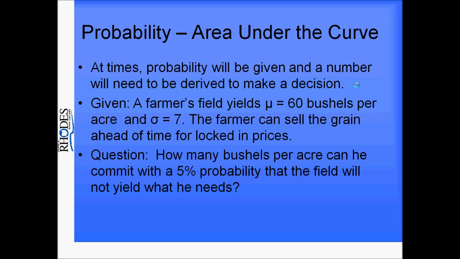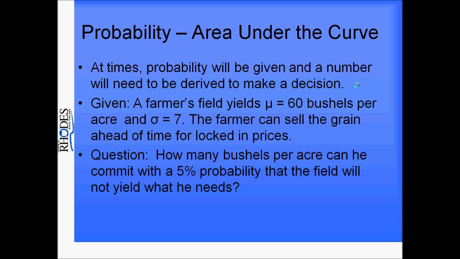So the question is, how many bushels per acre can he commit with a 5% probability that the field will not yield what it needs? In other words, when you're a farmer, if the field doesn't yield enough to what you committed to the elevator, you have to pay for that.